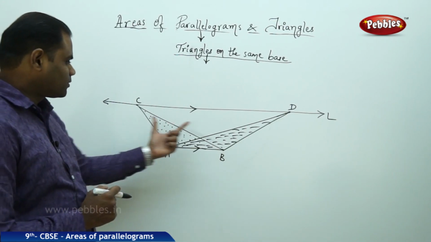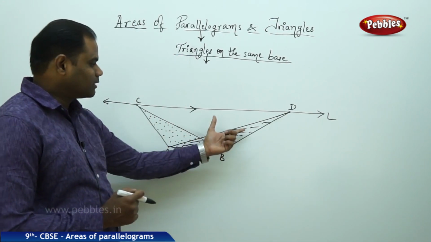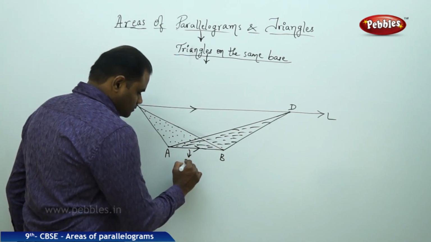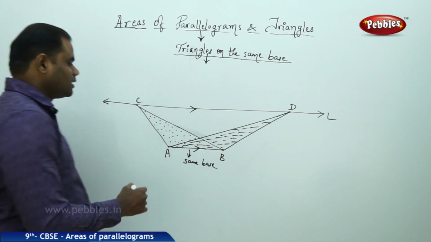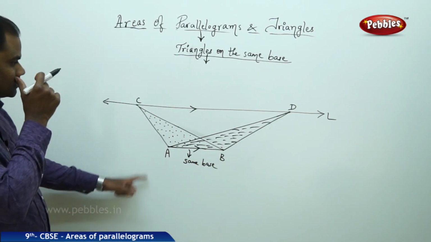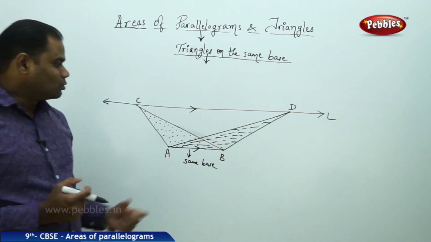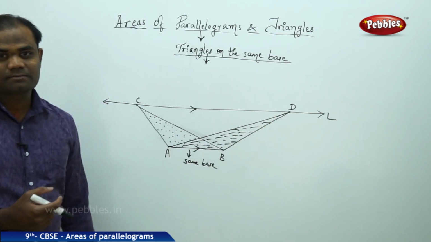Now as we see the two triangles, this triangle is on the base AB and the other triangle is also on the same base AB. So here AB acts as the same base, and they are between the parallel lines L and AB. These two lines are parallel. So triangles on the same base and between the same parallels look like this.